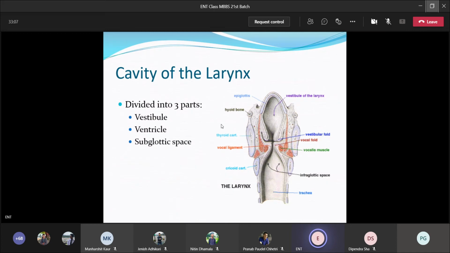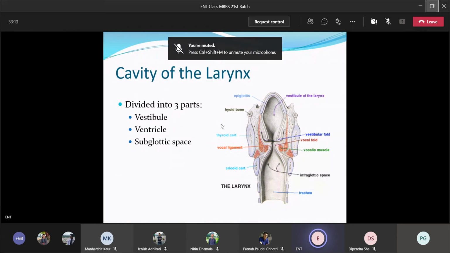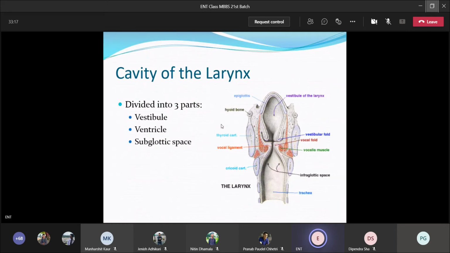Above is the vestibule of the larynx, then next is the infraglottic space, and then the trachea. So these are the three spaces: vestibule of the larynx, infraglottic space, and trachea.